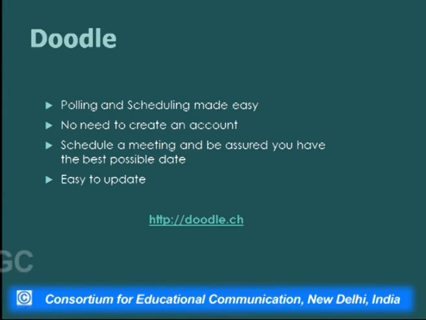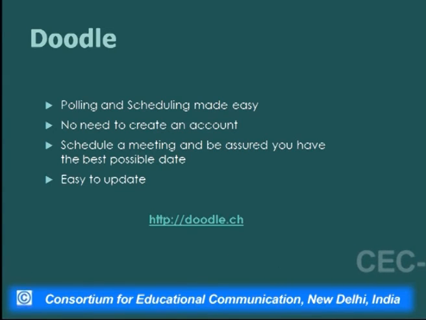As we have discussed till now, there are many tools, and Doodle is one of them. Doodle is useful for different kinds of activities, here for scheduling made easy. Again, as with the other tools, there is no need to create an account, and it especially provides you features for meetings so you can be assured of the best possible date. Easy to update also.